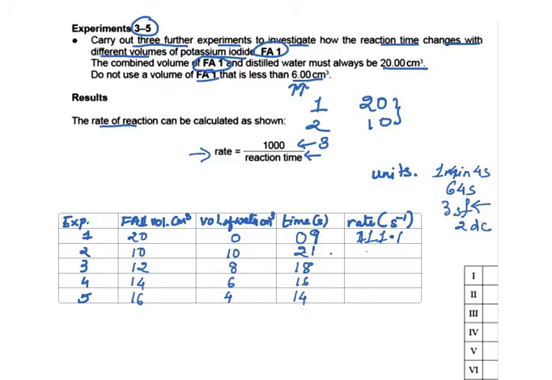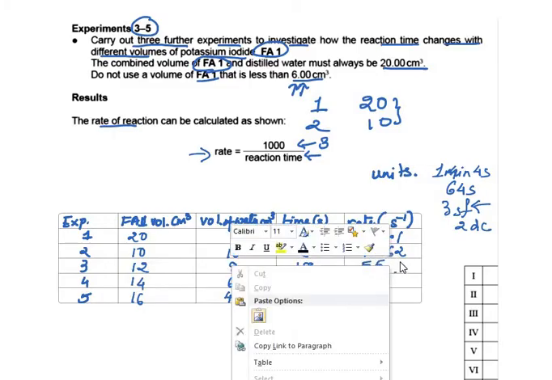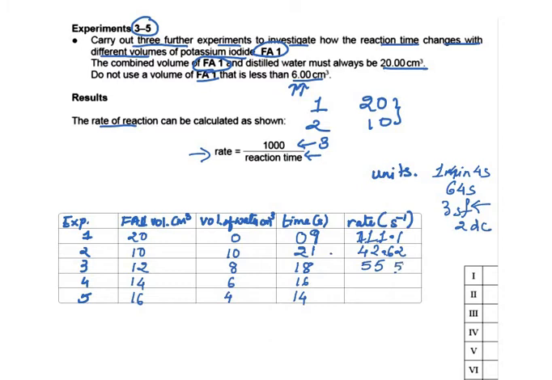So for my next reading, the answer is 42.62 per second, that is. For the next it is 55.56. The next is 62.50, that's the rate for my fourth experiment.